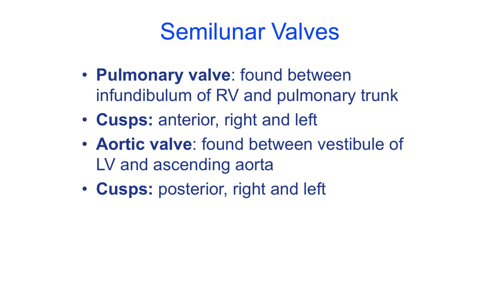We have anterior, right, and left. But in the aorta, you have the posterior, right, and left. Please remember the cusps in the pulmonary trunk: anterior, left, and right. But on the aortic valve: posterior, right, and left.